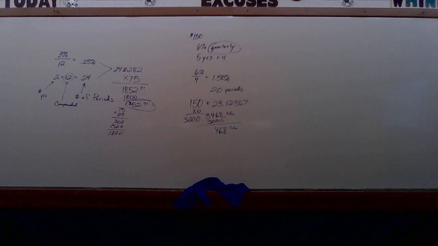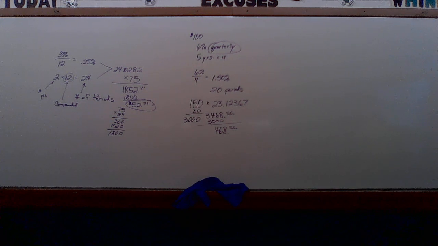So what would we do on this one? 6 divided by 1. In this case, because it says compounded annually, I can just use the percent. So how many periods do I have? 5. Again, if it's annually, the periods and the years are the same number. So go back to your present table.